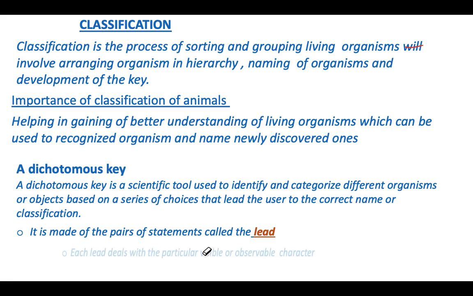Each lead deals with a particular visible or observable character. There are some characteristics which an animal or an organism can have. So they can ask you exactly what the endings of the statements mean.